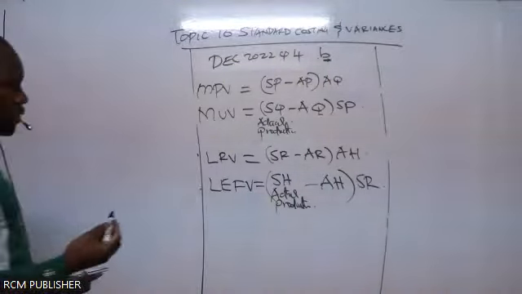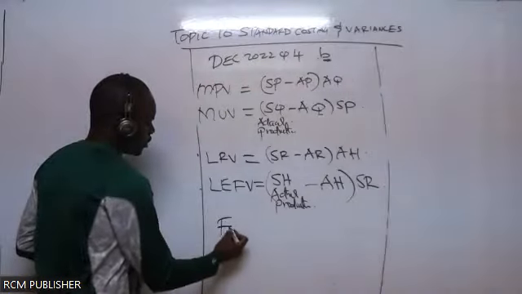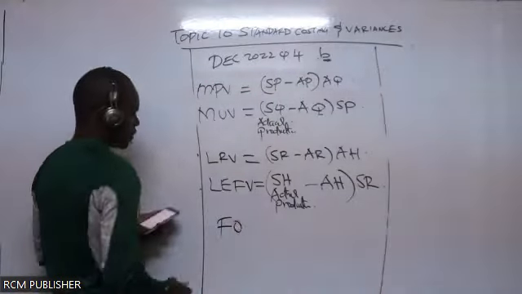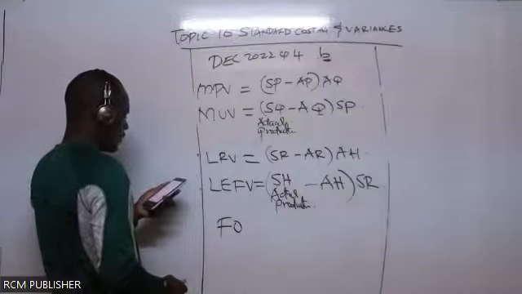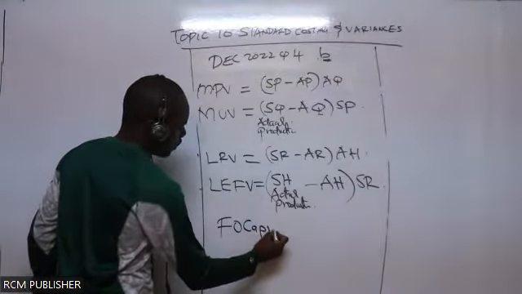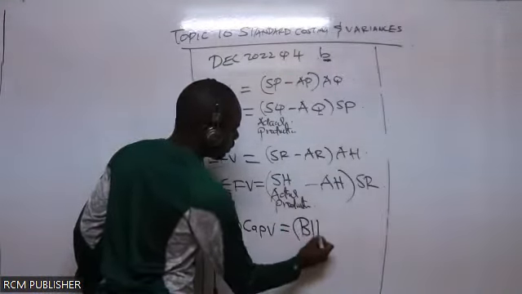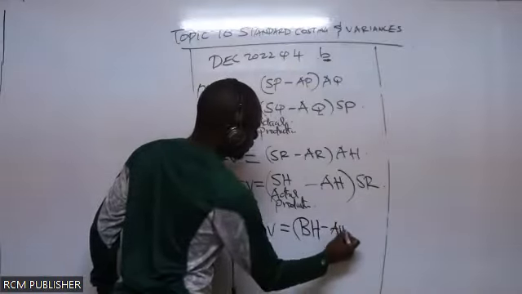So now, if you want to deal with fixed overhead, the first one is fixed overhead capacity variance. We are going to have budgeted hours minus actual hours.